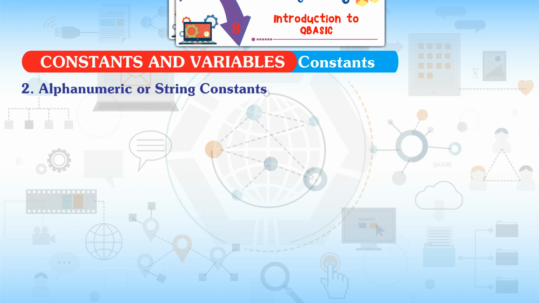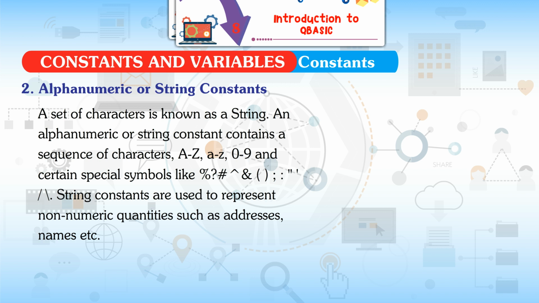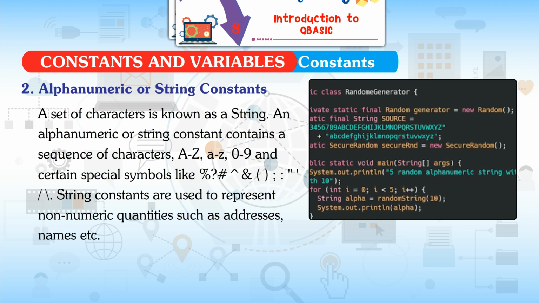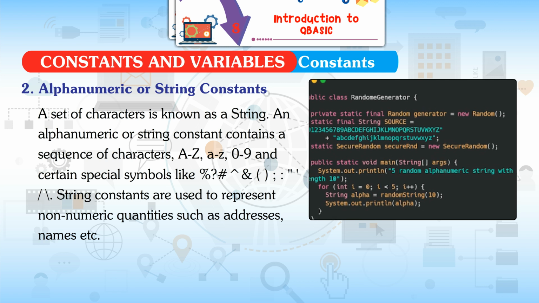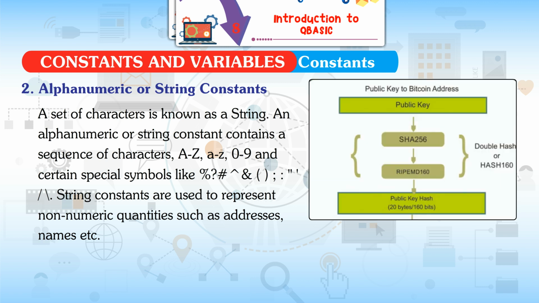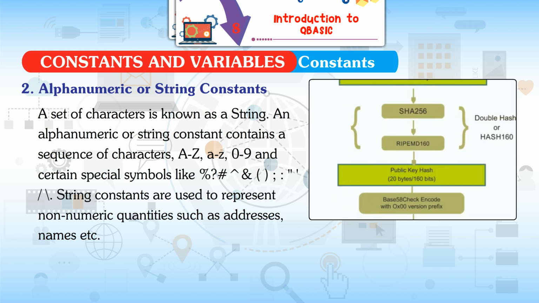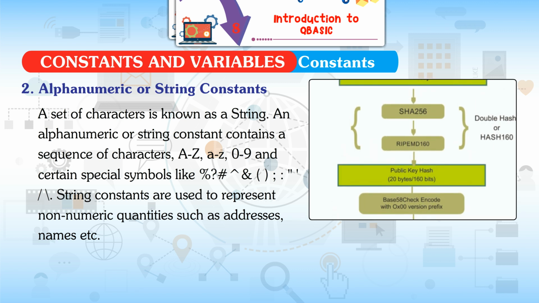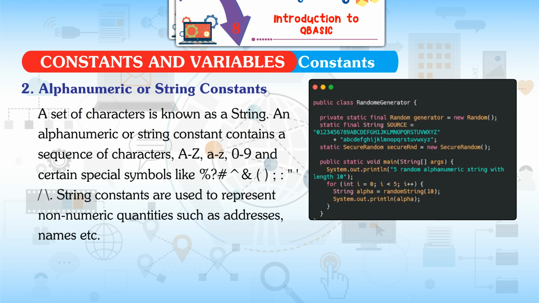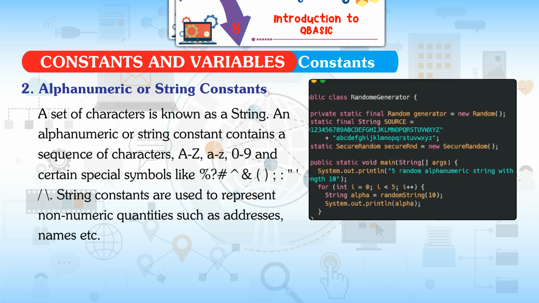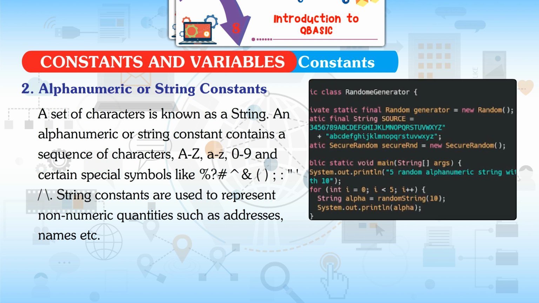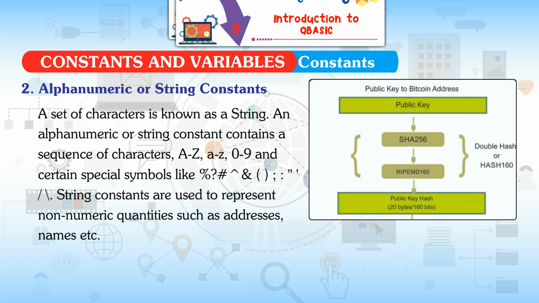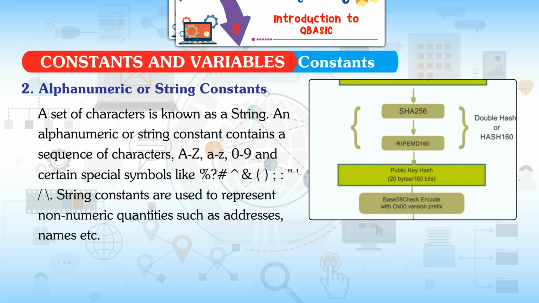2. Alphanumeric or string constants. A set of characters is known as a string. An alphanumeric or string constant contains a sequence of characters: capital A to Z, small a to z, 0 to 9, and certain special symbols like percentage, question mark, hash, exponent, ampersand, parenthesis, semicolon, colon, double quotes, single quote, forward slash, and backward slash.